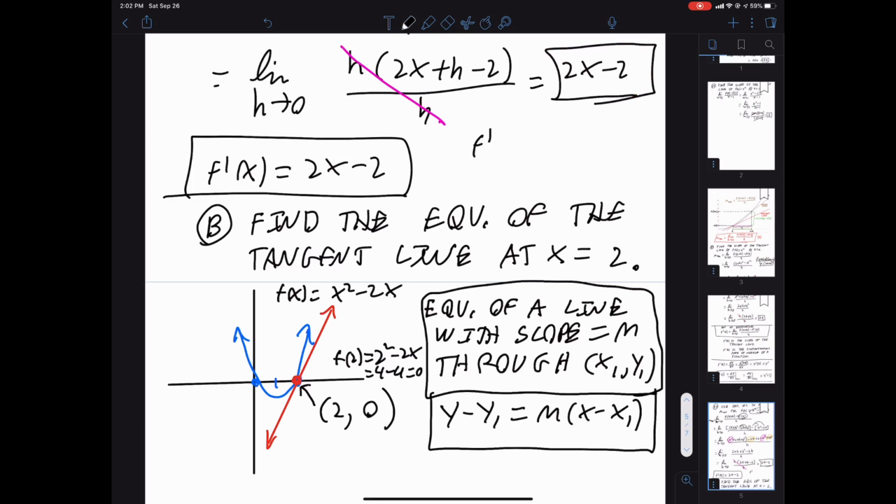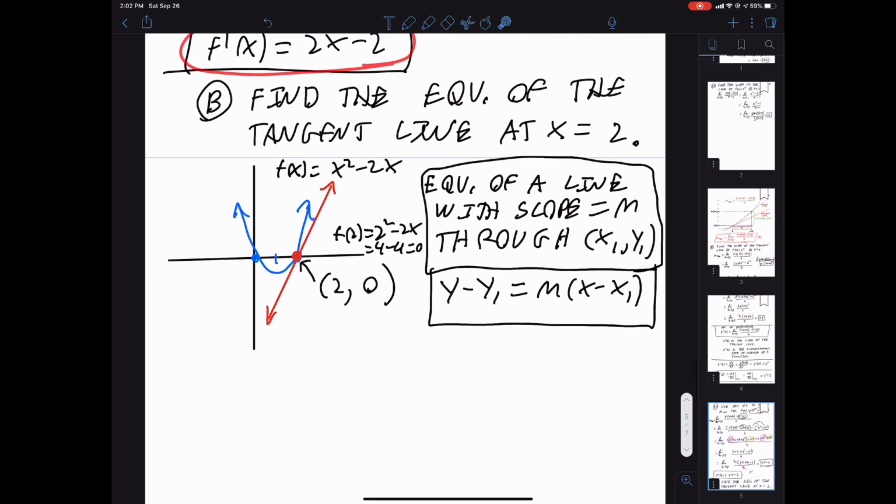So if I want the derivative at the point 2, because that's where they're asking us, I have to find f prime at 2. The slope of the tangent line is f prime at 2, which is 2 times 2 minus 2, and that comes out to be 2.